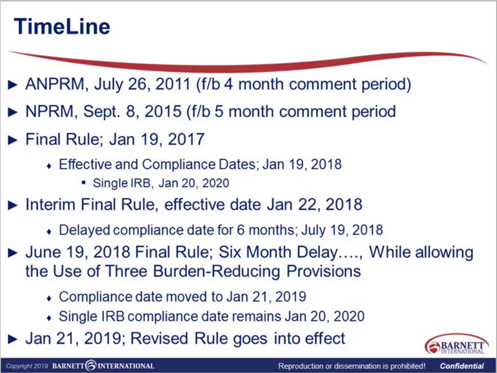And then finally, the final rule was issued in January 2017 with the initial plan to implement it by January of 2018, with some of the features of the rule delayed, like single IRB review, delayed until January 2020. Well, this didn't happen, as you well know. And so the interim final rule was effective on January 22nd of 2018, which delayed the compliance date for 6 months to July of that year. And so finally, they allowed some burden reducing provisions to get us to the final goal. And then finally, in January 2019, the final rule goes into effect.